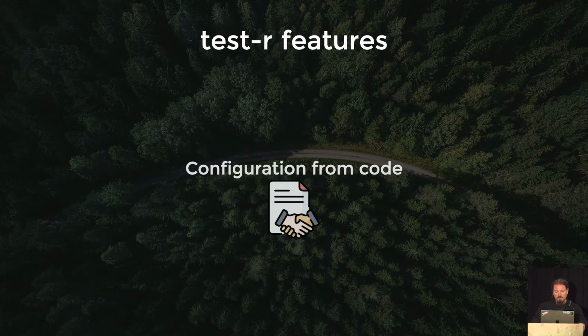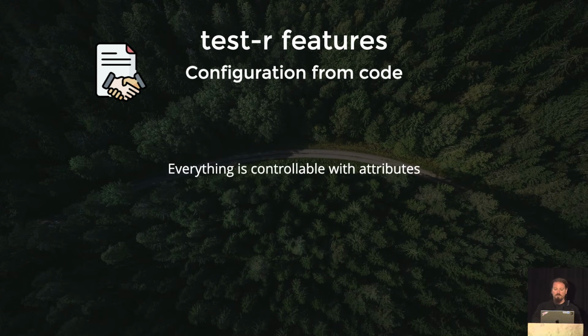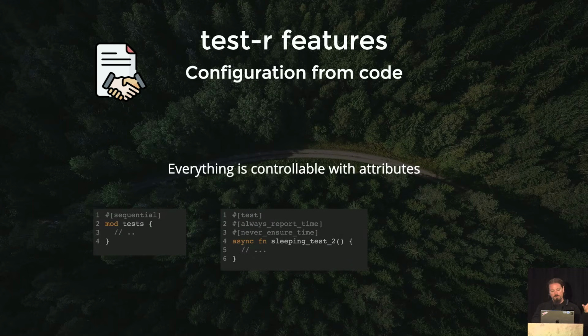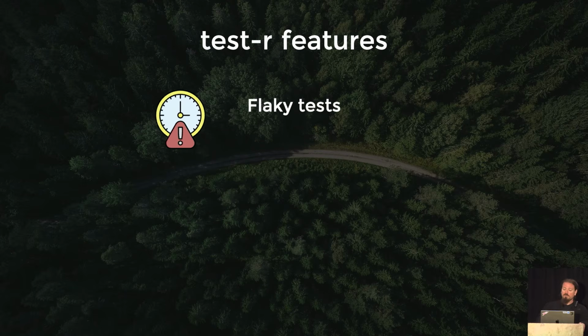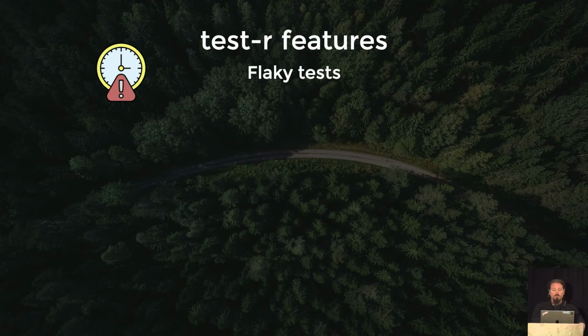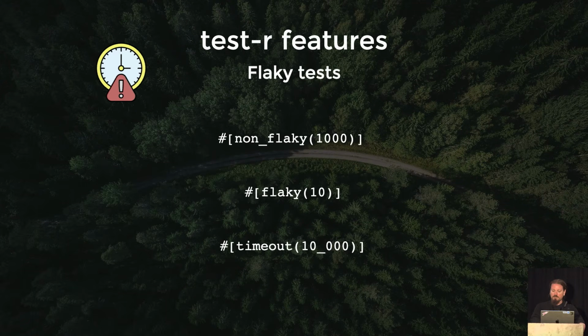And as I said, I don't like that some things are only configurable through the command line in the built-in test framework. So in testar, everything is controllable with attributes, whether you want to force sequential execution for some tests, or any feature that is supported by the test runner is configurable from code. And about flaky tests, there are 3 relevant attributes: non-flaky, flaky, and timeout.